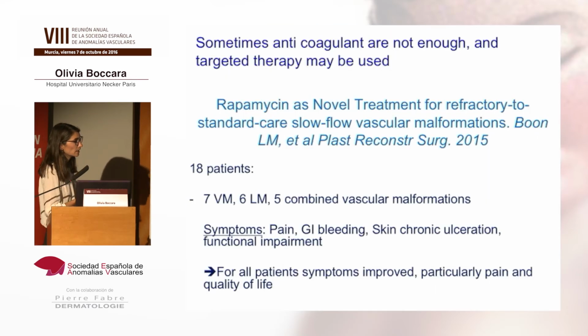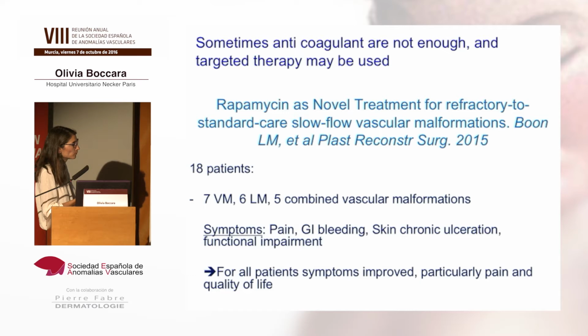But sometimes anticoagulant treatment is not enough to control the symptoms related to venous malformations, and as has already been said previously, targeted treatment such as rapamycin can be used, and now the data in the literature are increasing with those studies.